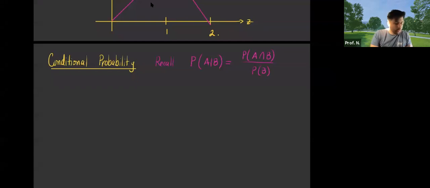I'll give you the discrete version and also the general, continuous version.